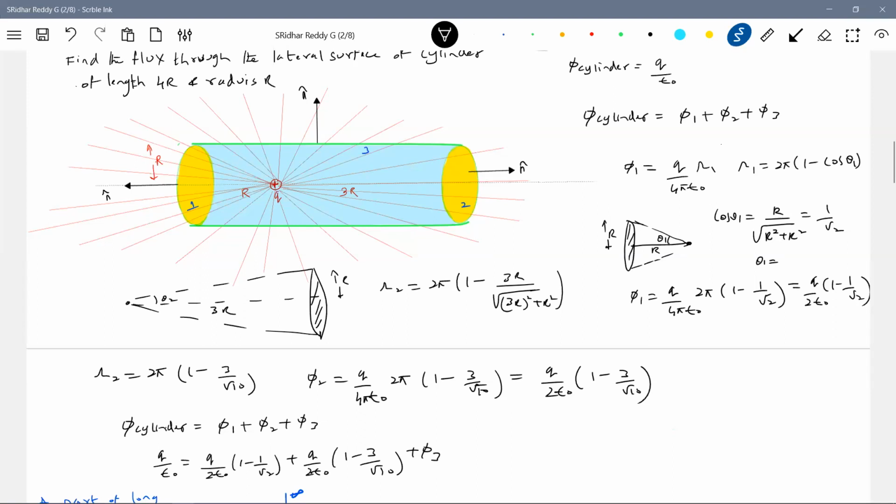Solving this will give the unknown thing. I'll leave it for later. You can work it out. Without solid angle, it is really very difficult, even for me. Not only that, your own physics teacher will really struggle. Not possible. So the solid angle, what it does, it really simplifies your problem.